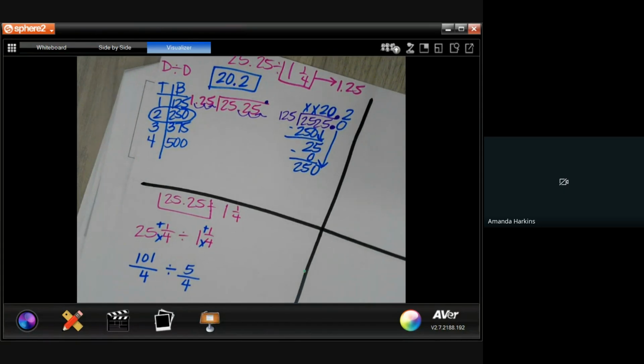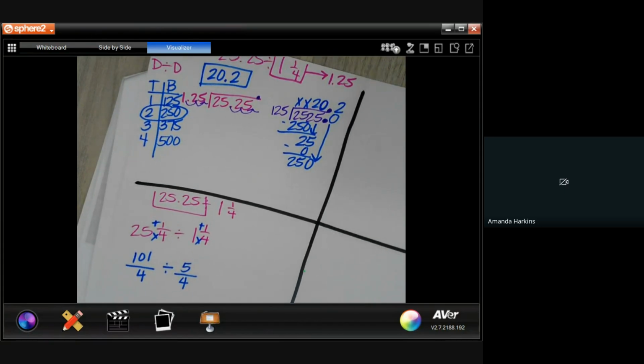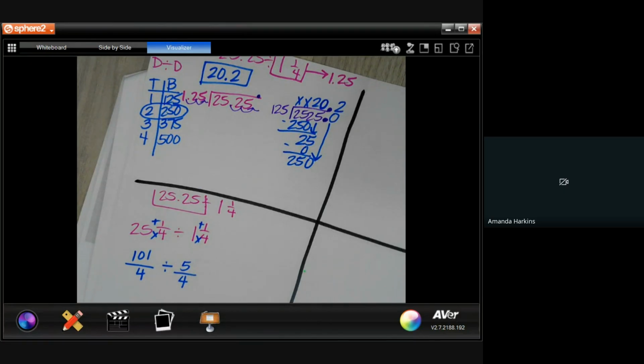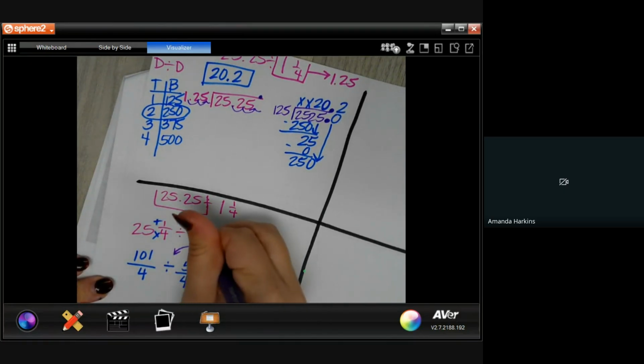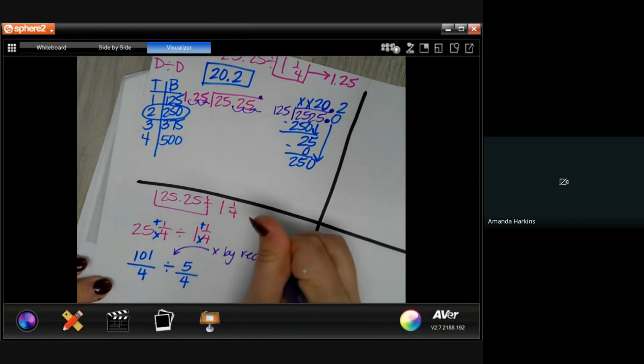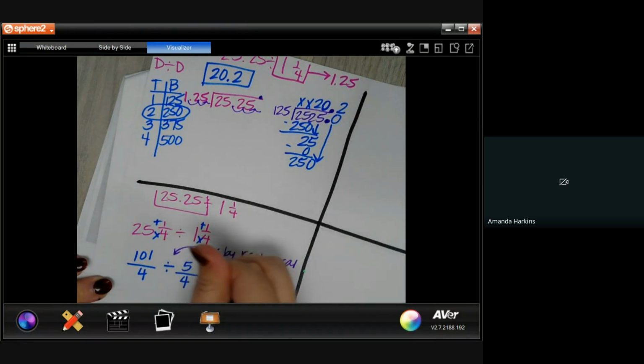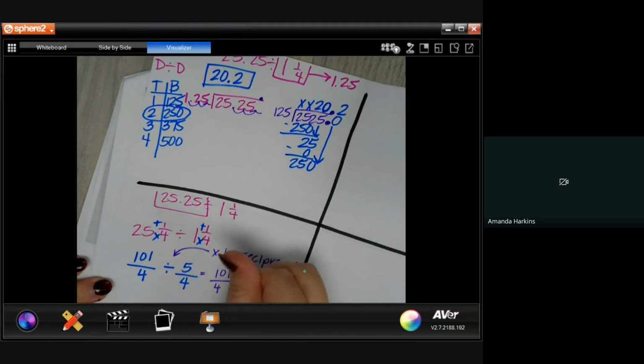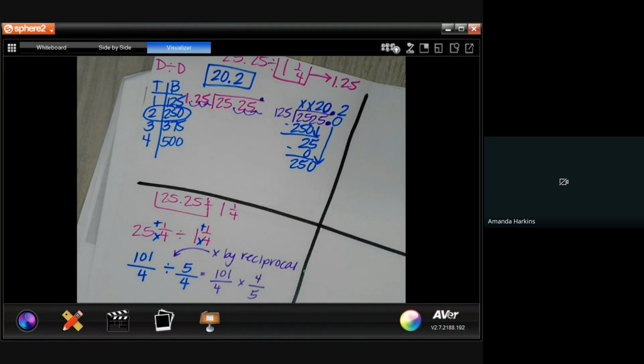So remember, when we divide, it is also the same thing as multiplying by the reciprocal. So this is saying 101 over 4 times 4/5.